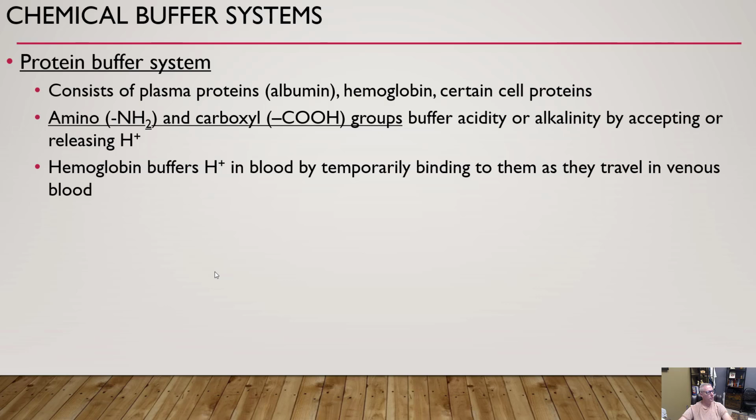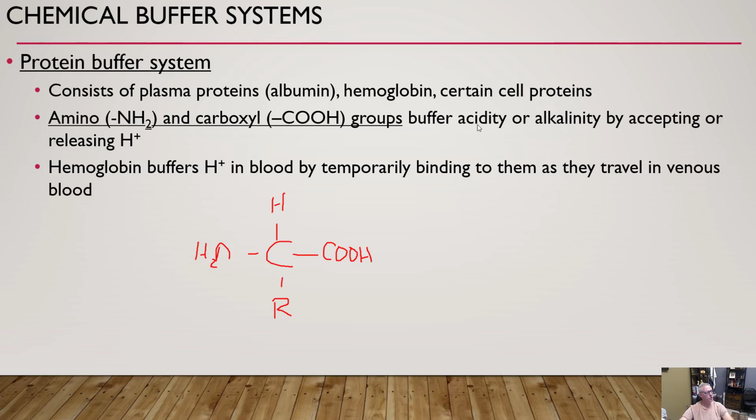And if you remember the structure of the amino acids, we have a C, H, then we have this R group that makes the amino acid different. We have a COOH, and then we have an NH2 group. So that's the general structure of an amino acid.